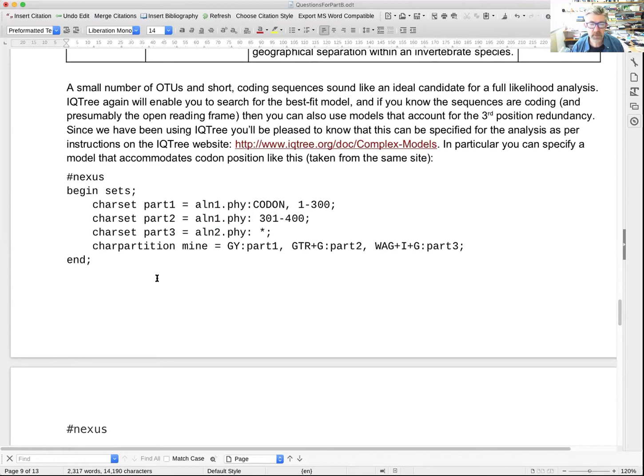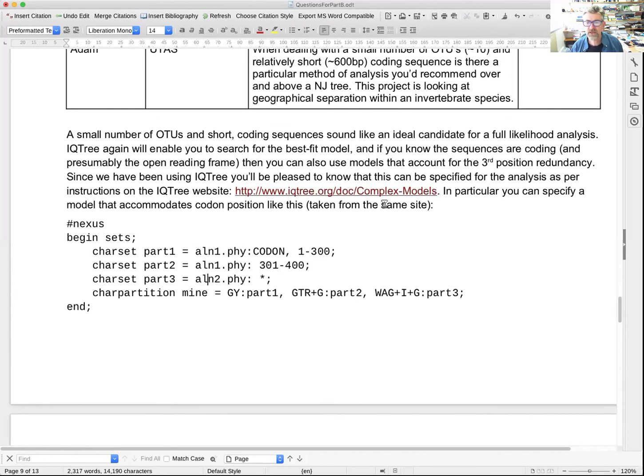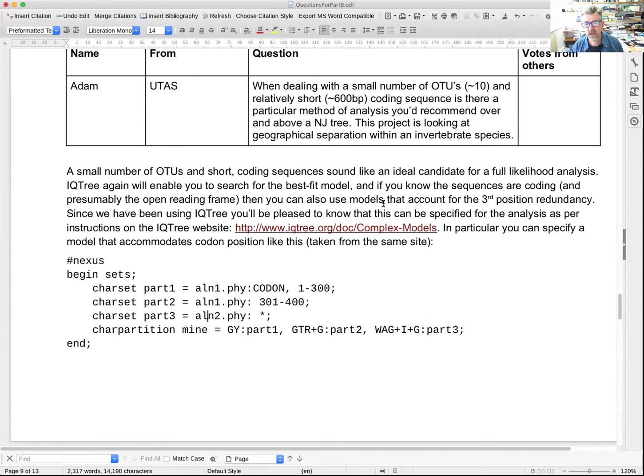So you can specify all of those as much as you like in IQ-tree, and the complex model docs are really quite good at explaining what you need to do. So for that I would say, since you've got codons, or at least it's coding, you can use a DNA model that accounts for that third position redundancy.